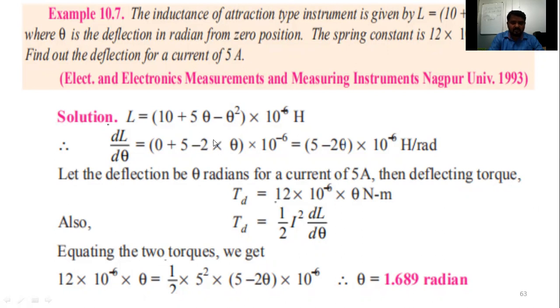Differentiation of theta square is minus 2 theta into 10 to the power of minus 6 as it is. So 5 minus 2 theta into 10 to the power of minus 6 Henry per radian. Next, let the deflection be theta radians for a current 5 ampere, then deflecting torque here now.